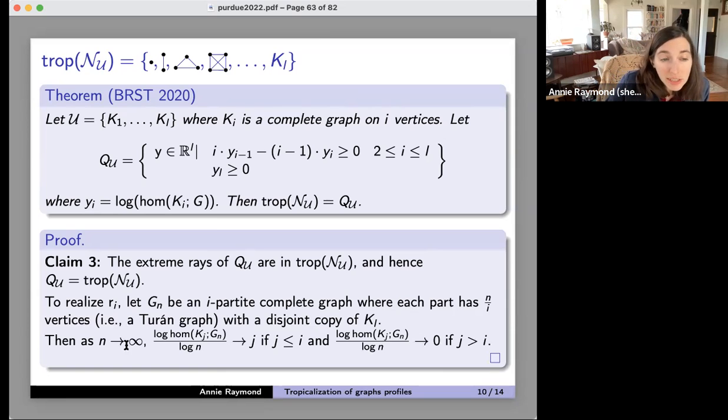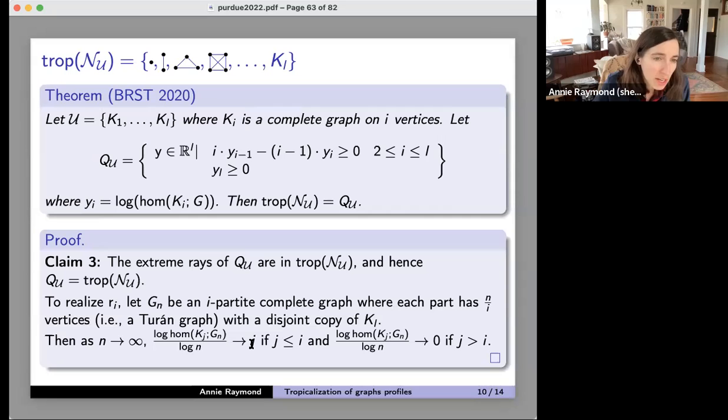So then as the number of vertices goes to infinity, I can calculate the log of the number of homomorphisms of Kj into Gn over the log of n. And so if j is smaller than i, then I do have some copies. If j is bigger than i, then I don't have any copies. And so I'll only have that one copy or those few copies within that disjoint copy of KL, but nowhere else. And so as n goes to infinity, that will go to 0.